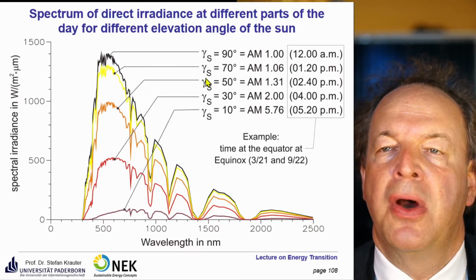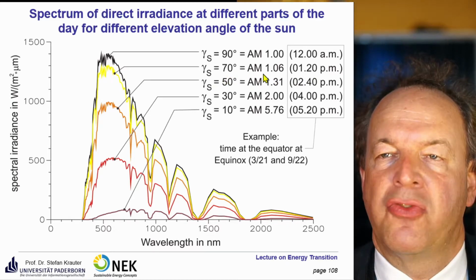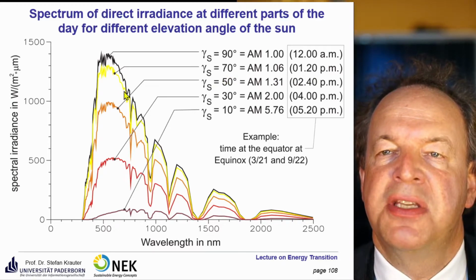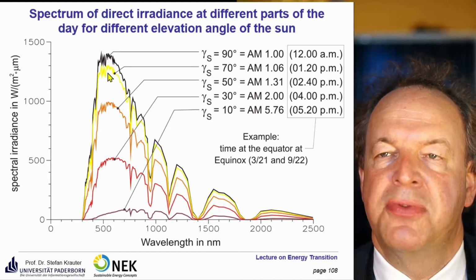And if you wait for 1 hour and 20 minutes, we have an elevation angle of 70 degrees with an air mass of 1.06. You see already that the peak is reduced and some part of the blue spectrum is reduced.